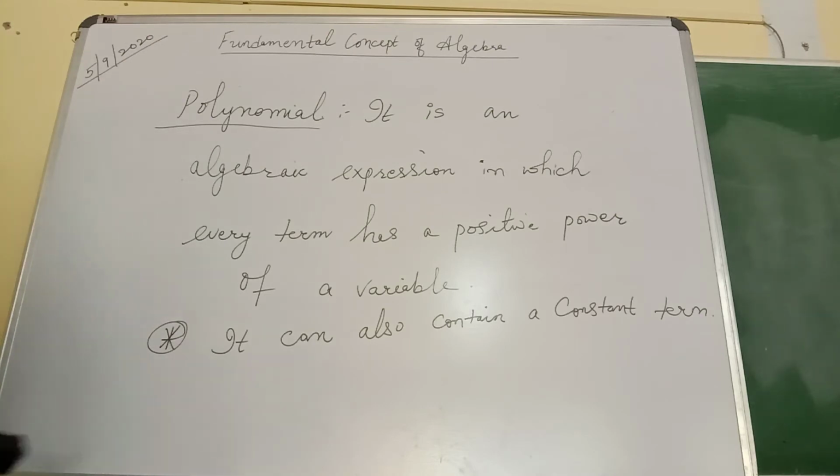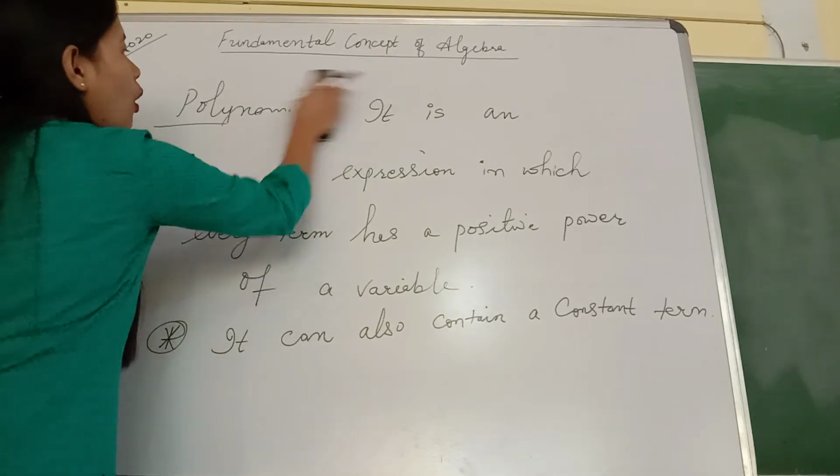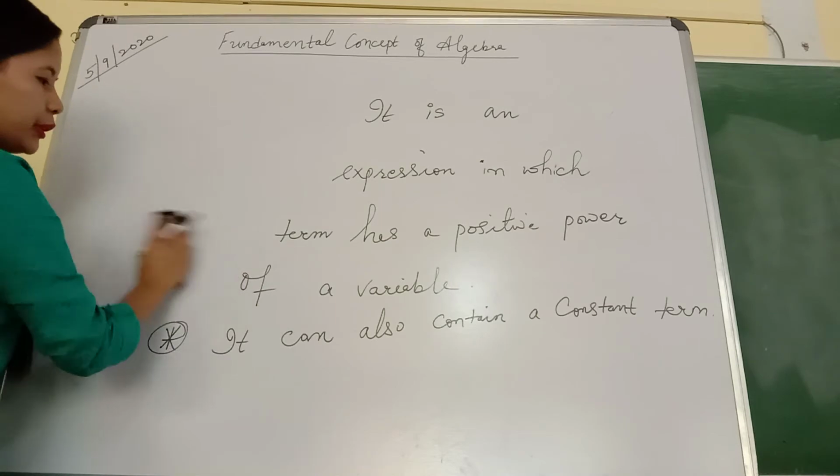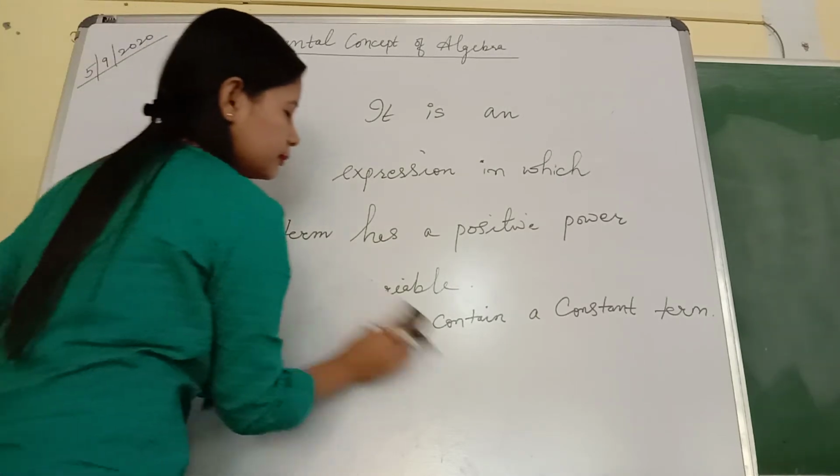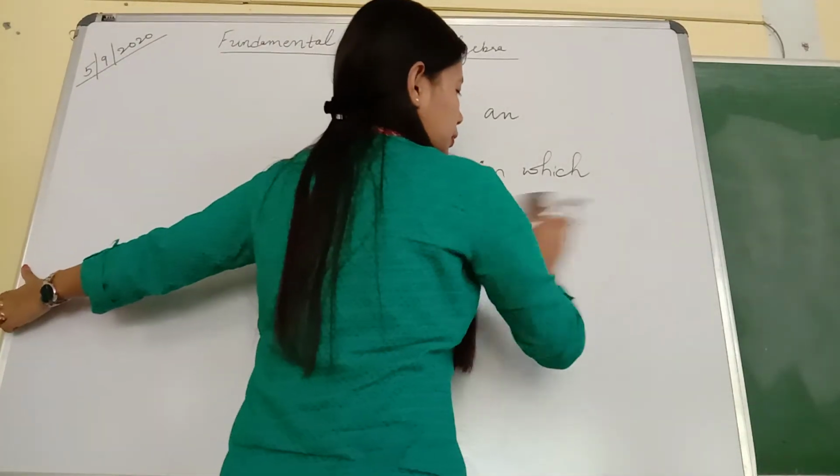Next, we have learned what the degree of a polynomial is. Degree is the highest power of the variable involved. So write down: degree, the highest power of the variable present in the expression.